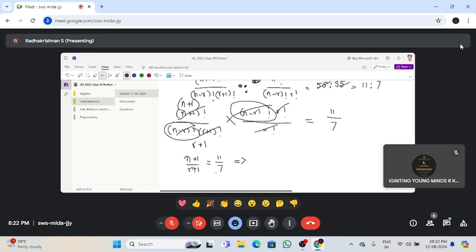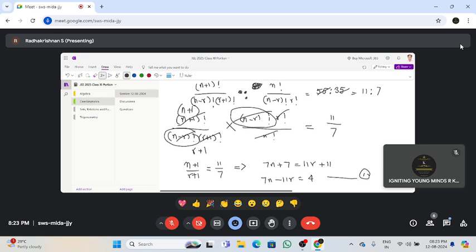So what equation can you get? A simple first degree equation, a linear equation: 7n minus 11r equal to 4. This is your first equation. In the same way, write down the second equation.